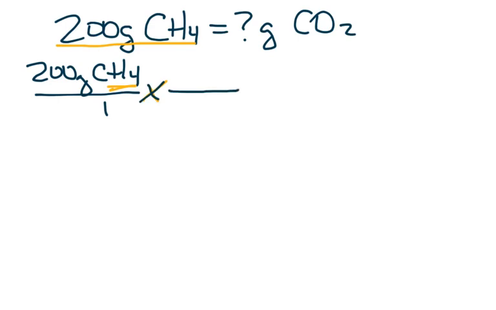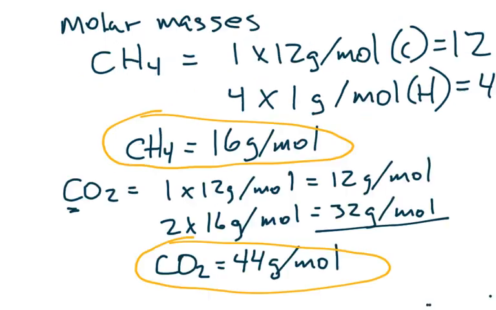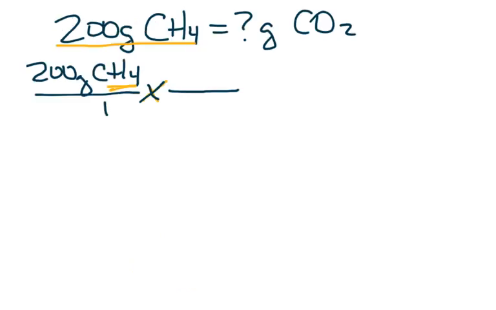So my process is to go from grams of CH4 to moles of CH4, okay? So I need to have this number, the molar mass, to do that. So we know there's 16 grams per mole.